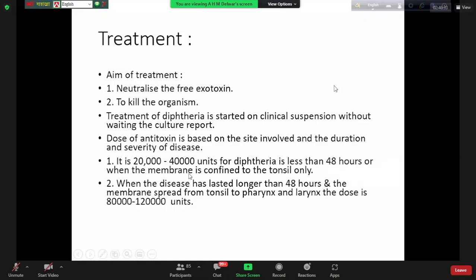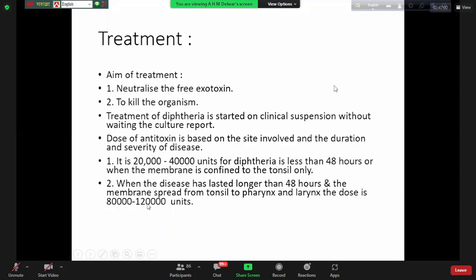Secondly, when the disease has lasted longer than 48 hours and the membrane has spread from the tonsil to the pharynx and larynx, the dose is 80,000 to 120,000 units.